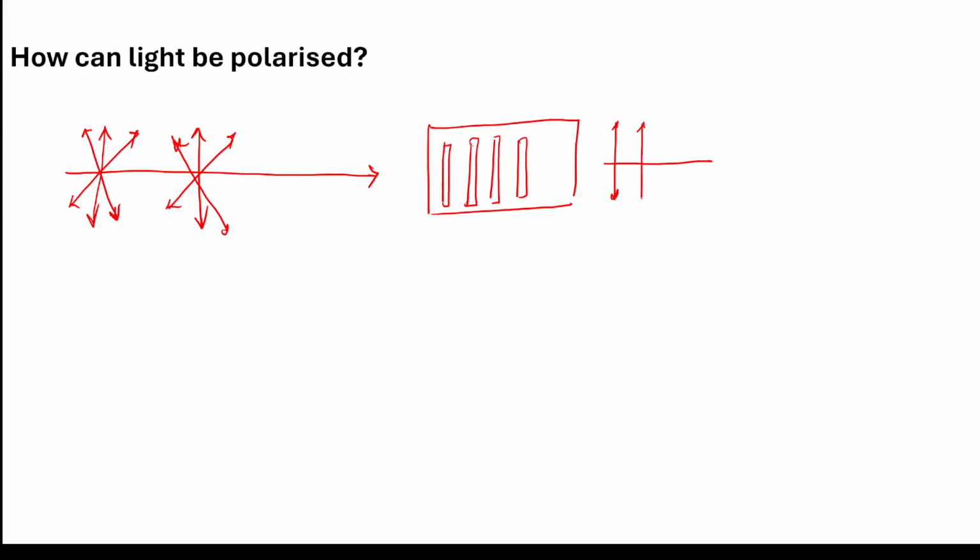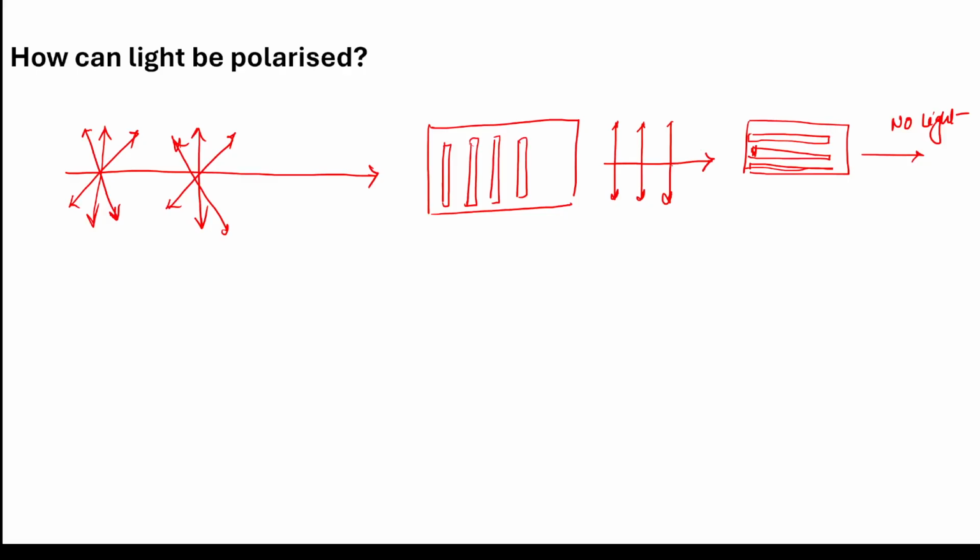Now suppose I place another filter here, which has horizontal slits. What would be the light that comes out of this? There will be no light, because we have already cut all the vibrations of the electric field and they are restricted to the vertical axis.